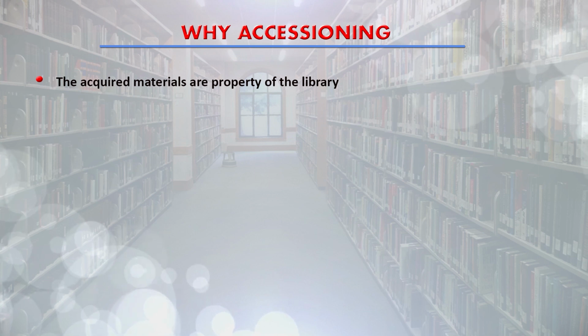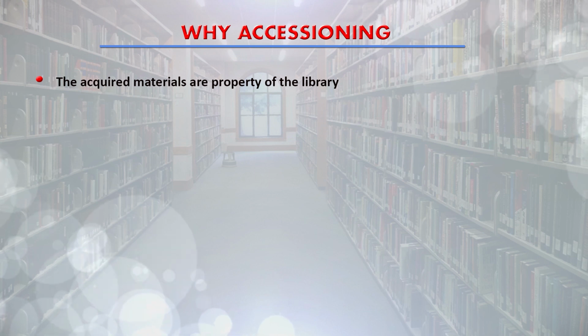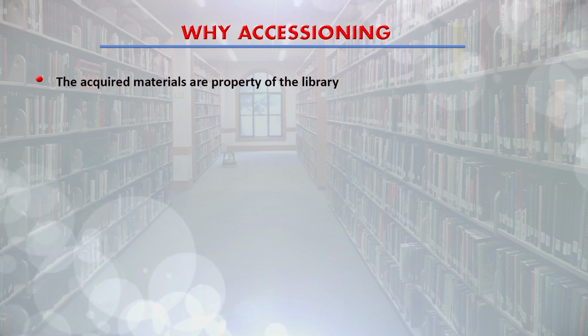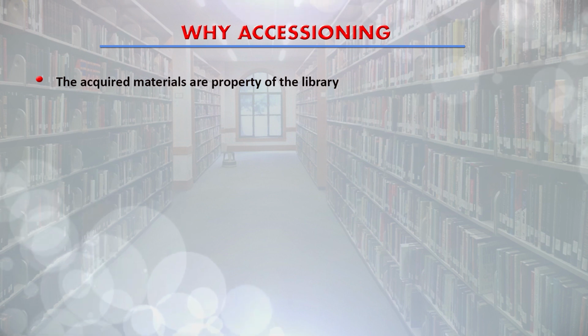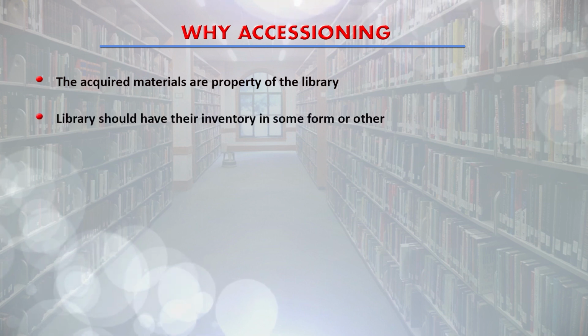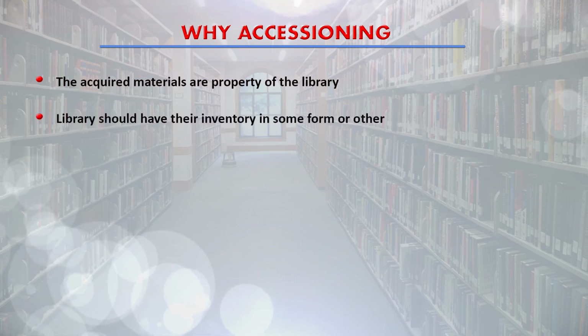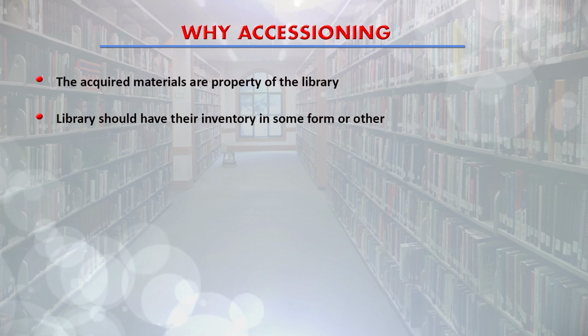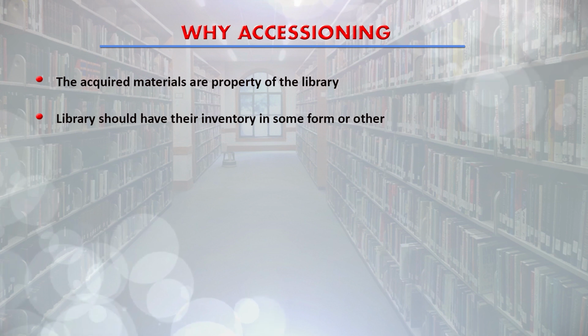Now when we see why accessioning, it means the library acquired several materials, so they are actually property of our library. Now property of a library should have some ownership, some records. So accessioning is nothing but those records.